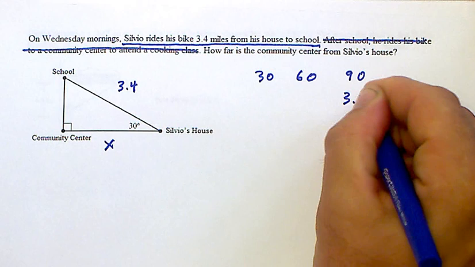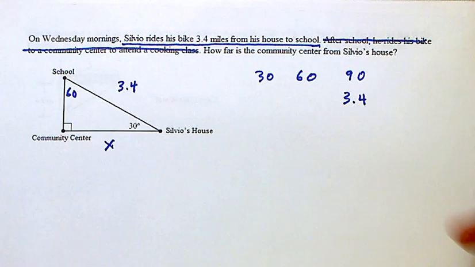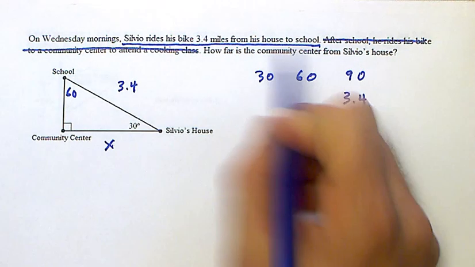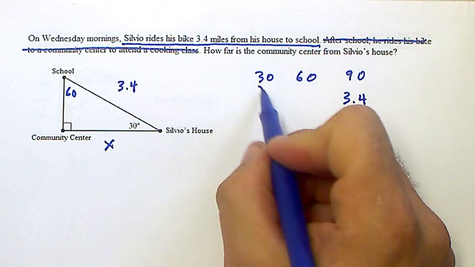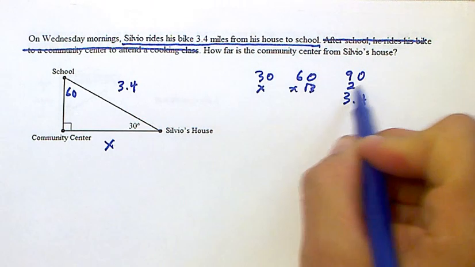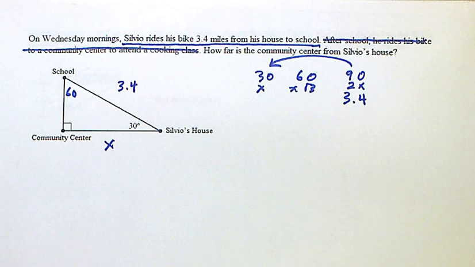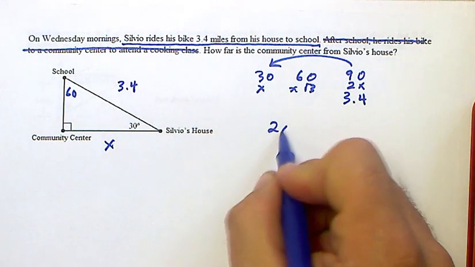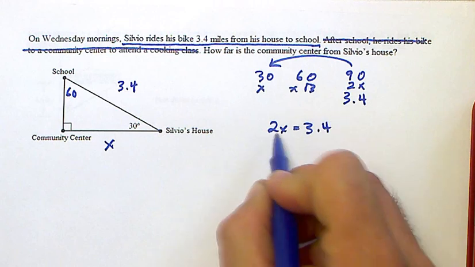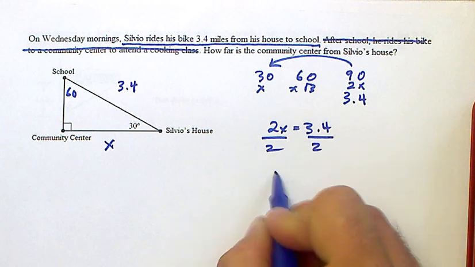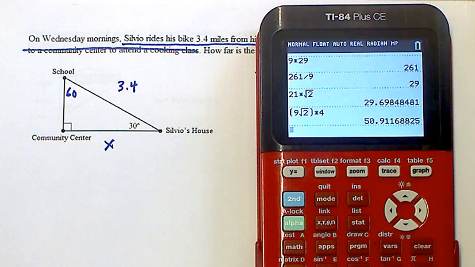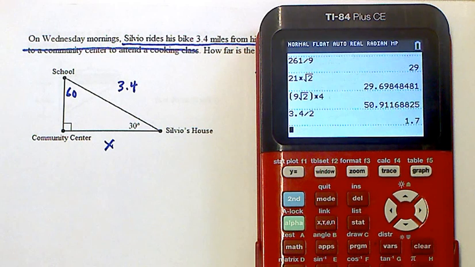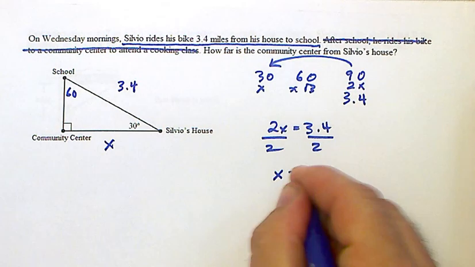They're looking for the side opposite 60. So this is a case where you have x, x square root of 3, 2x. What I want to do is actually go back to my 30 to get my x. So 2x is equal to 3.4. So I could divide by 2 here, right? x is equal to 1.7.